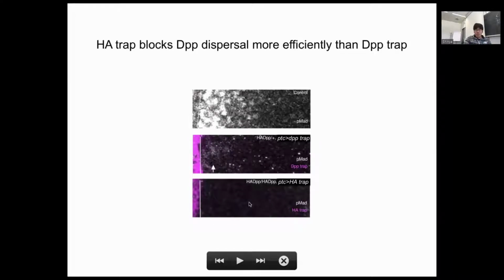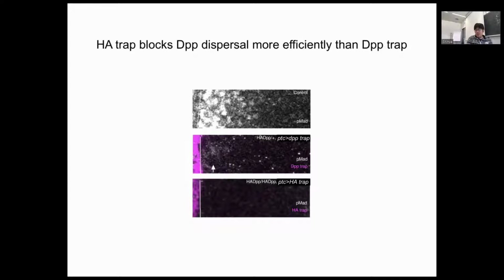In contrast, if HA trap is expressed in the source here, the phosphorylated MAD signaling activity is undetectable. This indicates that the HA trap actually blocks DPP dispersal more effectively than DPP trap.